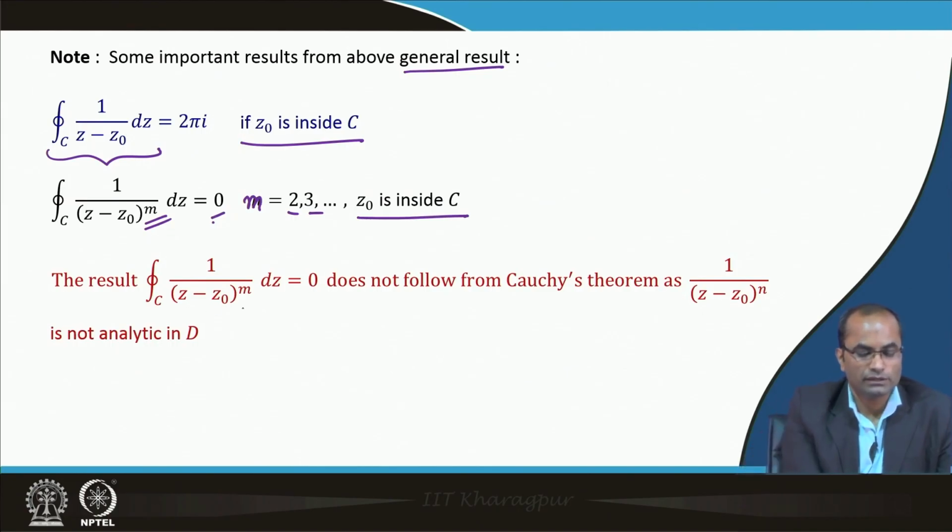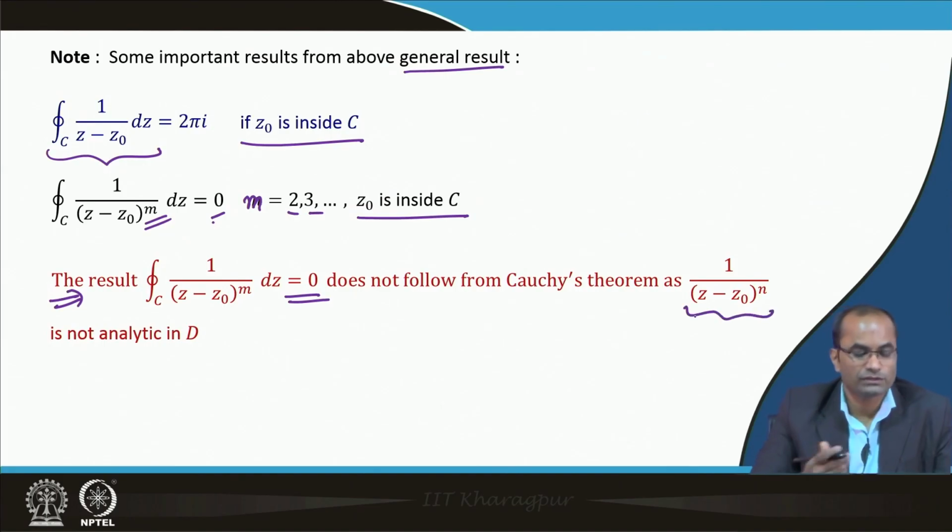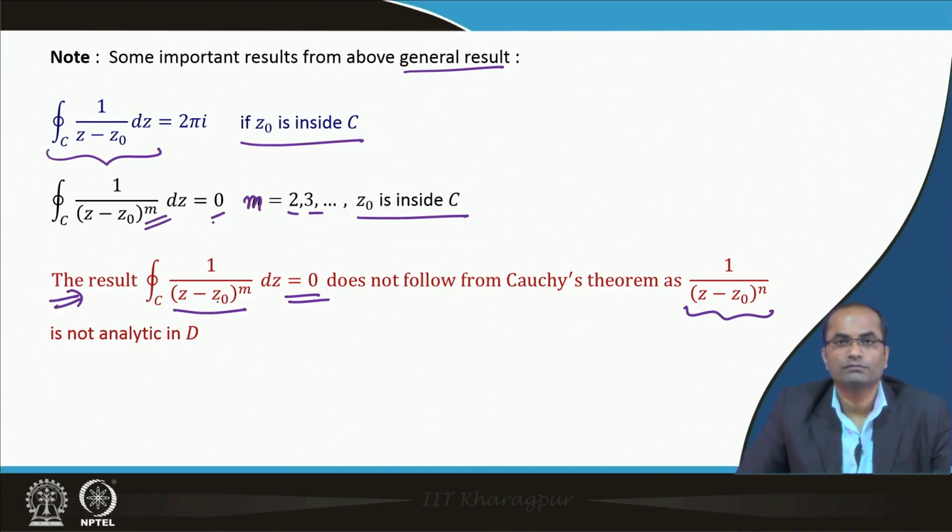It should be noted that this result, equal to 0, does not follow from the Cauchy theorem, because the integrand here is not analytic in D. We should not confuse this, because the Cauchy theorem can be applied only when the integrand is analytic in the whole curve C and the region enclosed by C.